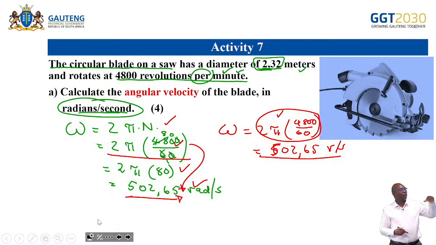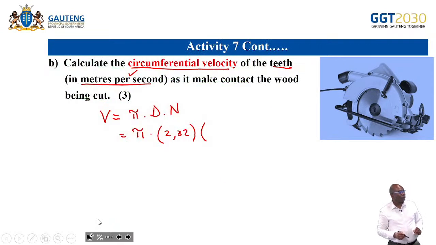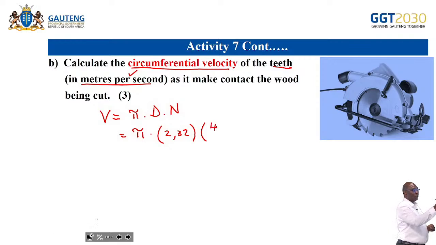There's a problem there because I need to change that one to seconds. So I'm going to say that will then give me 4,800, and then I'm going to divide that by 60. And then from there, I'm going to have that as pi multiplied by all this. Or I can just write down the final answer.